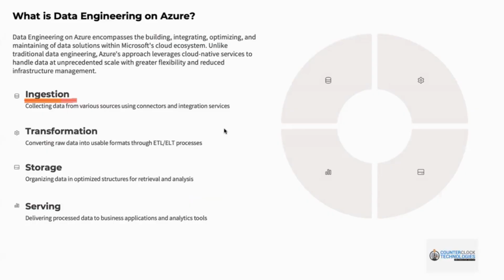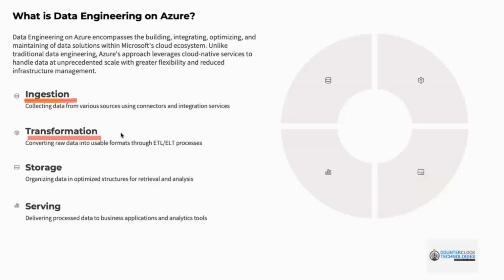Then if we have APIs, logs, or files, in that case we can think of things like Logic Apps. We also have Data Factory or Azure Functions, so they can be easily ingested. Once data is ingested, we move on to the next phase of transformation, because raw data usually is not useful as it is.